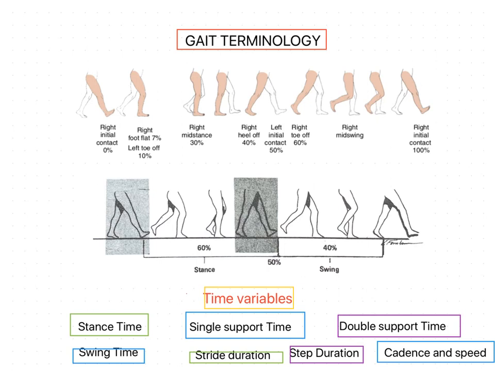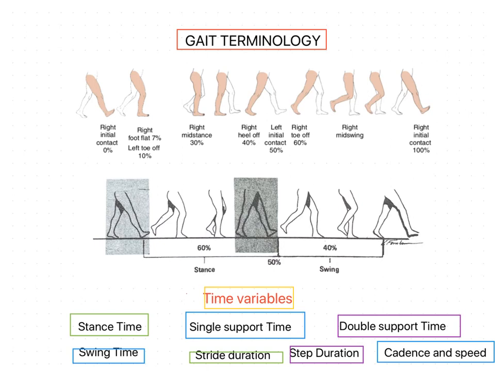There are two basic parameters of motion: time and distance variables. The time and distance are two basic parameters of motion, and measurements of these variables provide a basic description of gait. The first one is time variables.